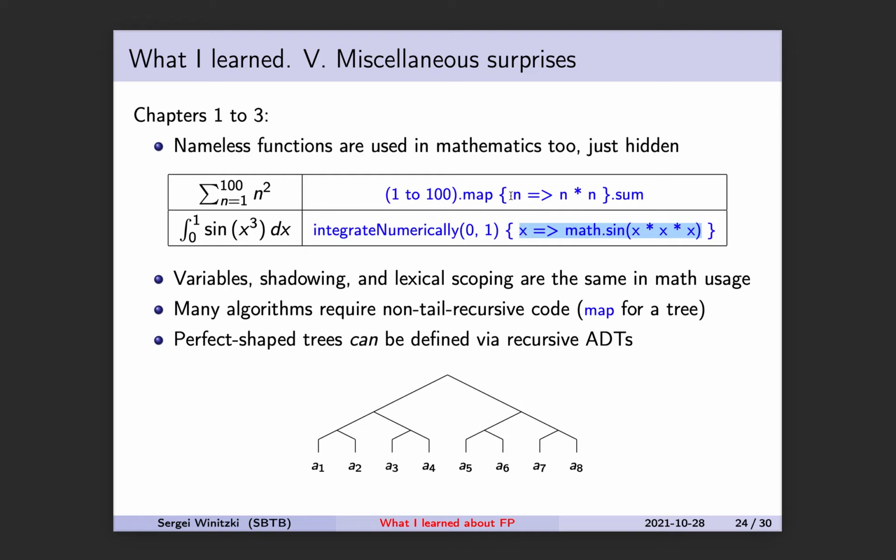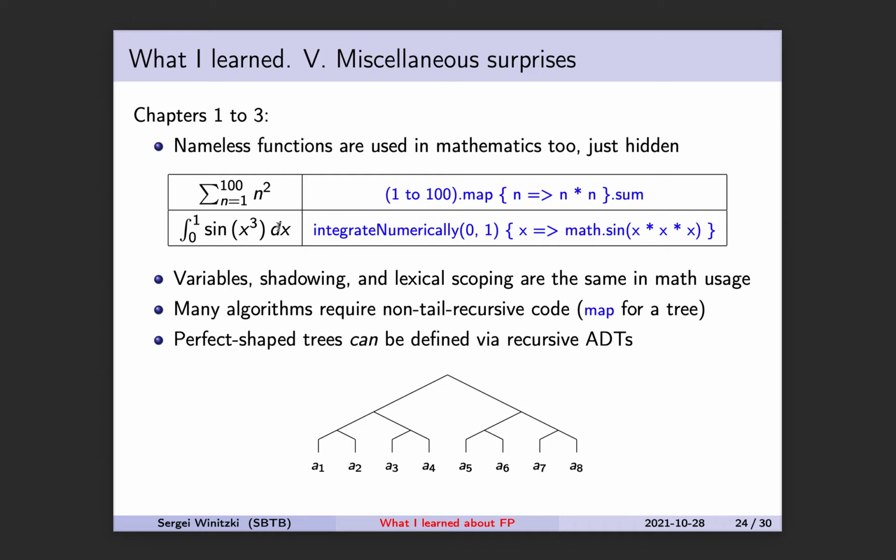And mathematical usage actually has the same rules about variables, for instance, that variables are immutable. So for example, this x here cannot be modified inside this expression, or that variables inside the scope of a function will shadow any other variable defined outside with the same name.